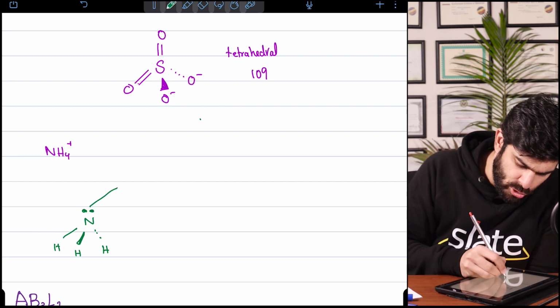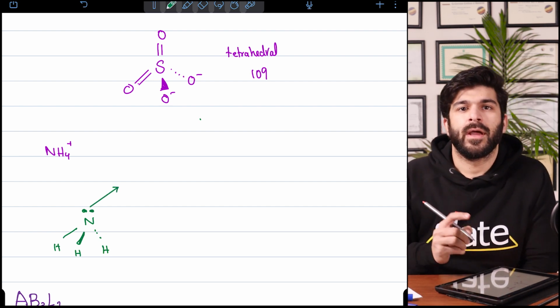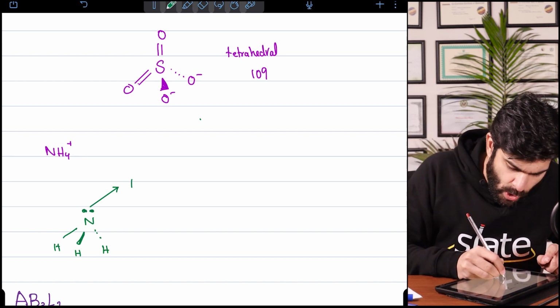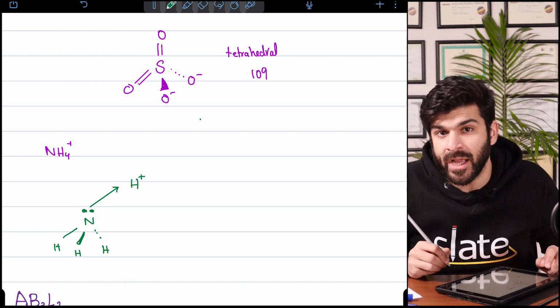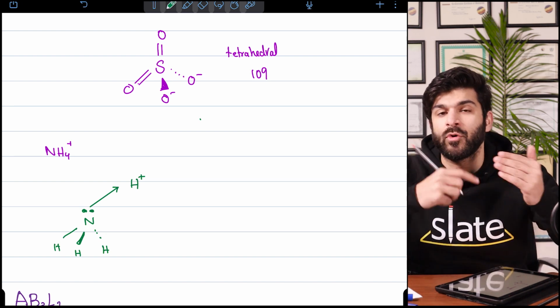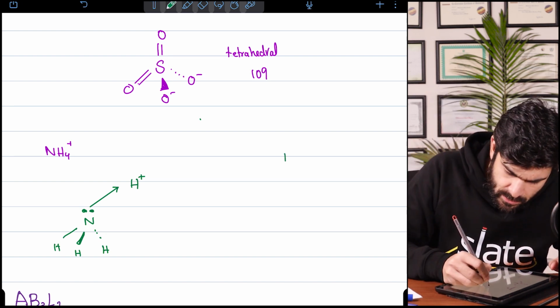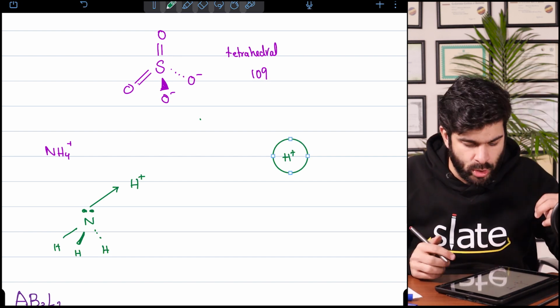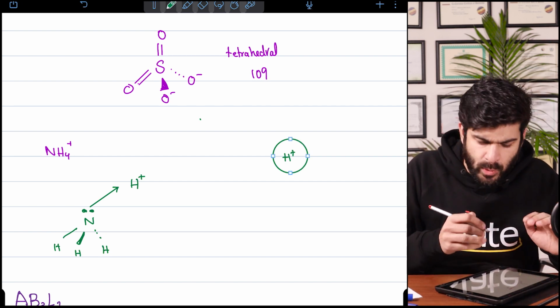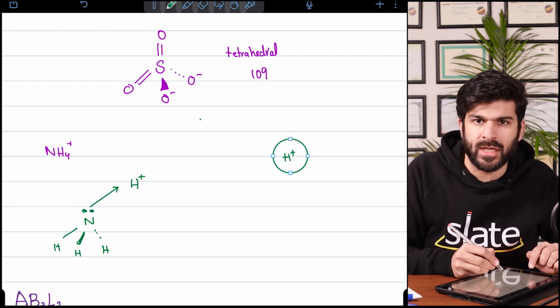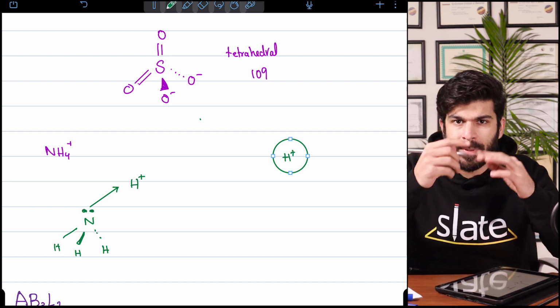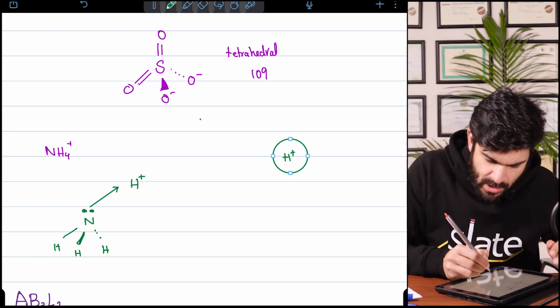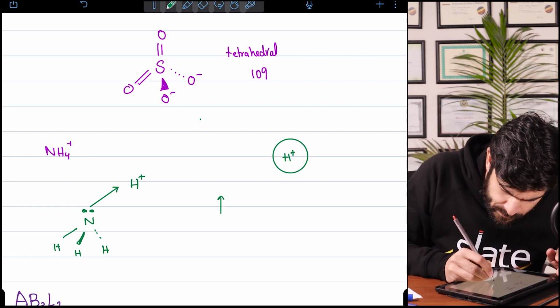That nitrogen shares its lone pair to a hydrogen ion, H plus ion. That's a dative covalent bond. H plus ion has no electron. It can gain 2 electrons. So that's what happens. But when the lone pair goes there, there is no lone pair left. Lone pair has become a part of bonding.